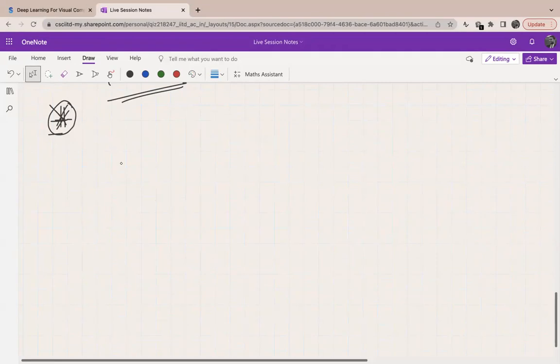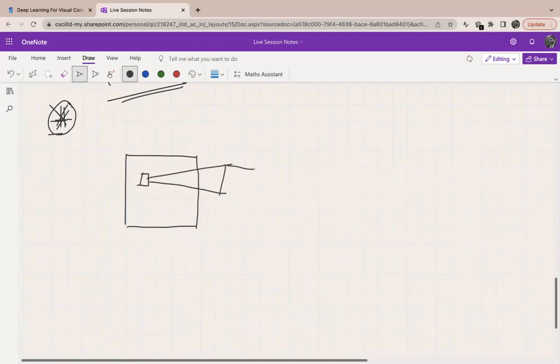So a convolutional autoencoder looks something like this. If this is the image, a convolutional filter will give me outputs, and I will build upon it. One filter will give me one output, another will give me another output, and so on.